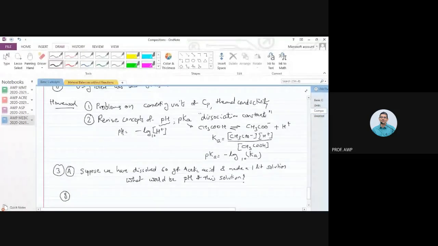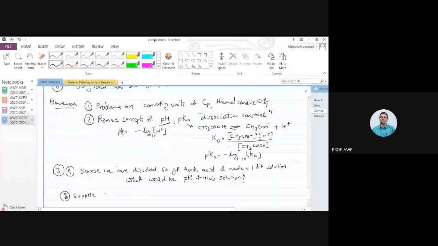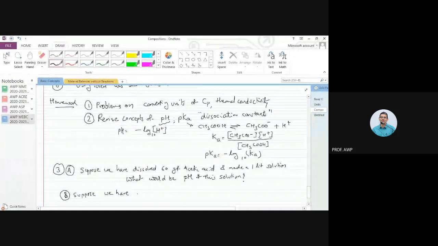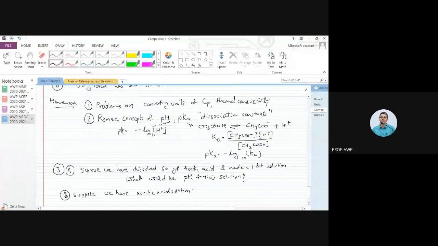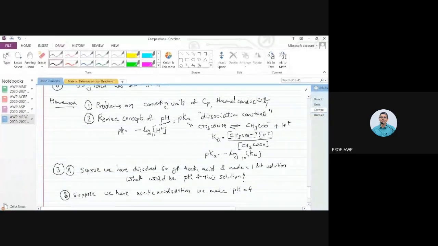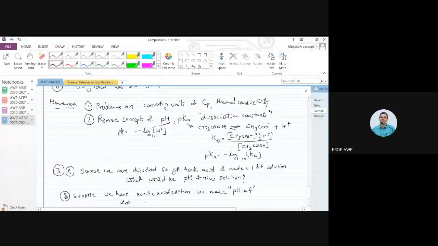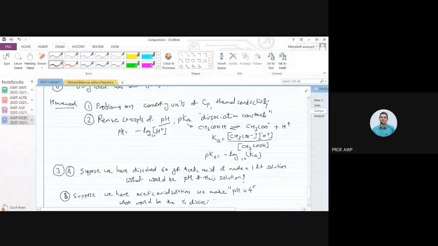Second is, suppose we have an acetic acid solution and we add sodium hydroxide to that and we make pH equal to, let's say, 4. We adjust the pH to pH 4. What would be the percentage dissociation of acetic acid?